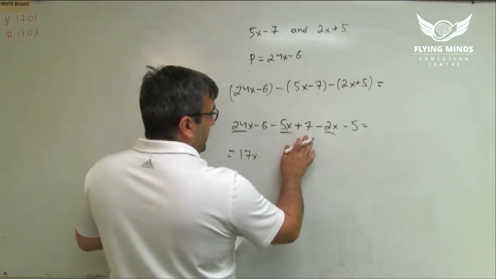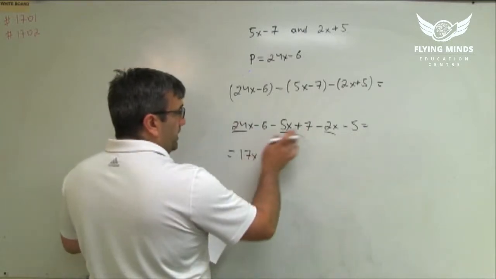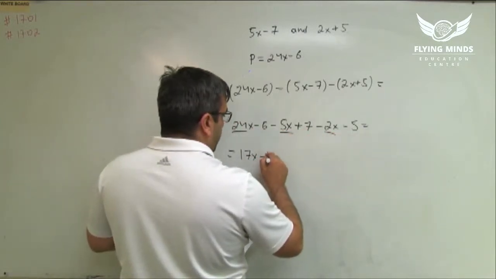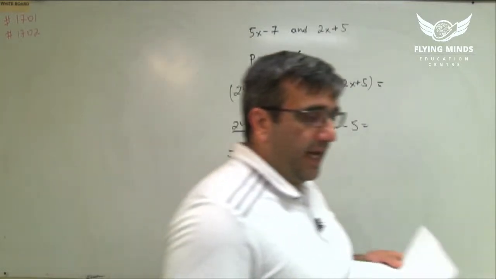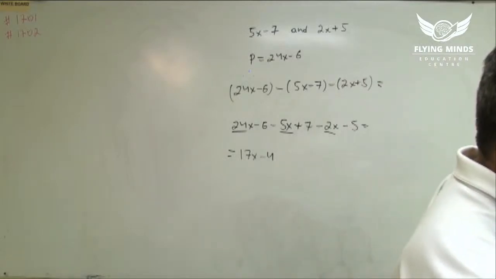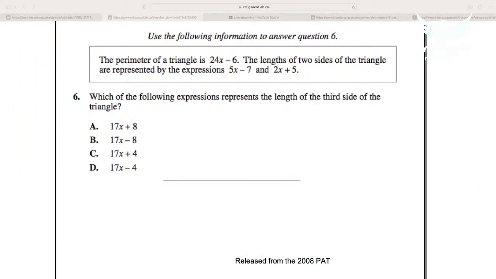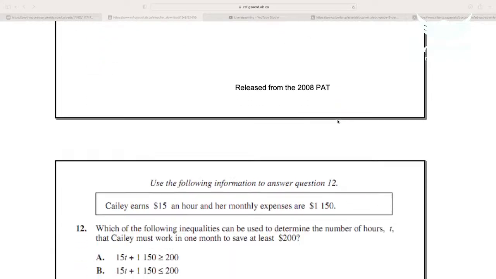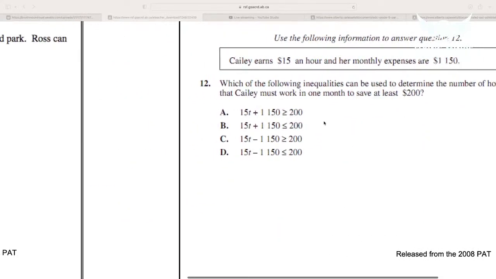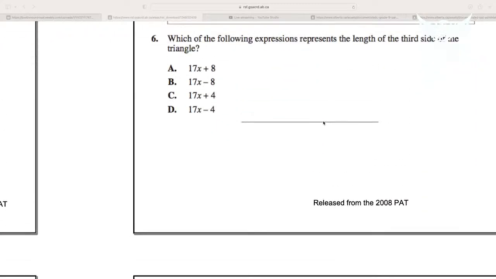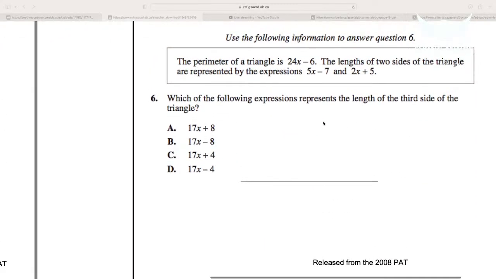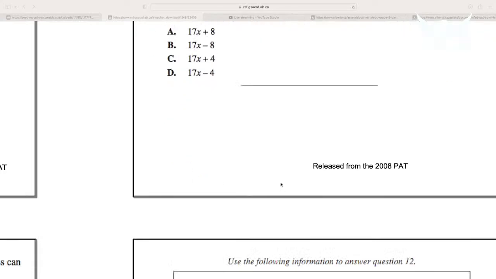Minus 6 plus 7 minus 5 is 1 minus 5, which is minus 4. So the answer is 17x minus 4. And it's question B, part B. So, yeah, here we go. Part B, right, over here.